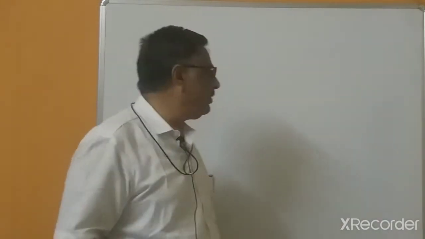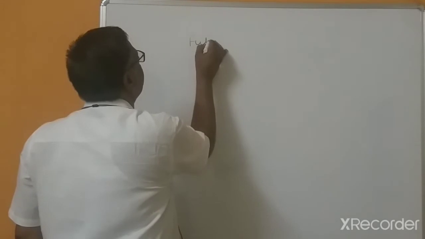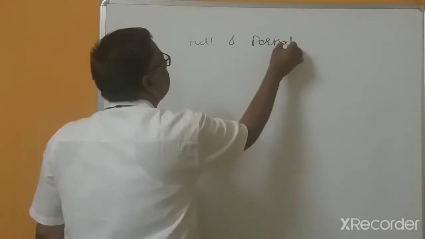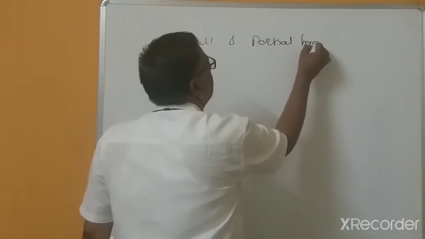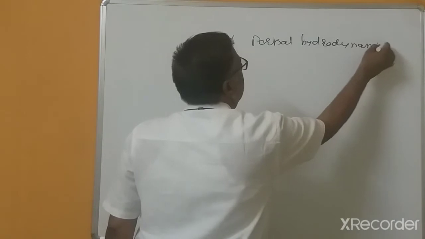In hydrodynamic bearings, there are two types: one is the full and another is the partial hydrodynamic bearing.